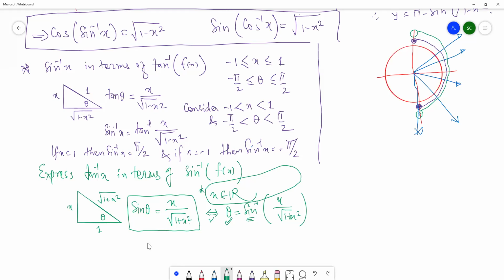So the answer is tan inverse x is equal to sine inverse of x upon radical 1 plus x square if x belongs to R. Finished. Most versatile case. Next.